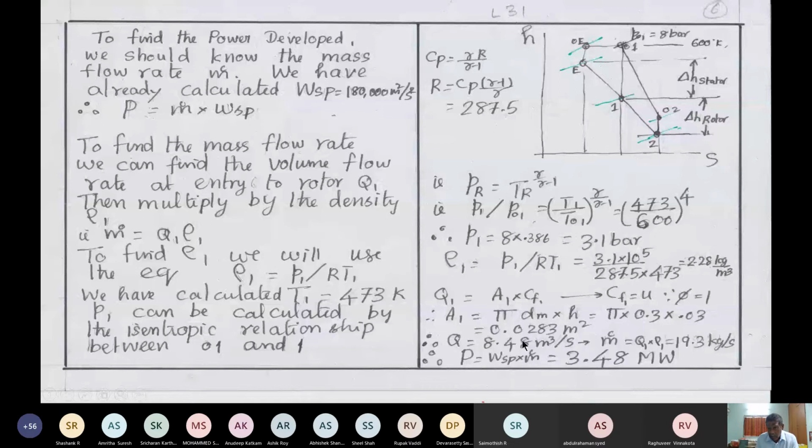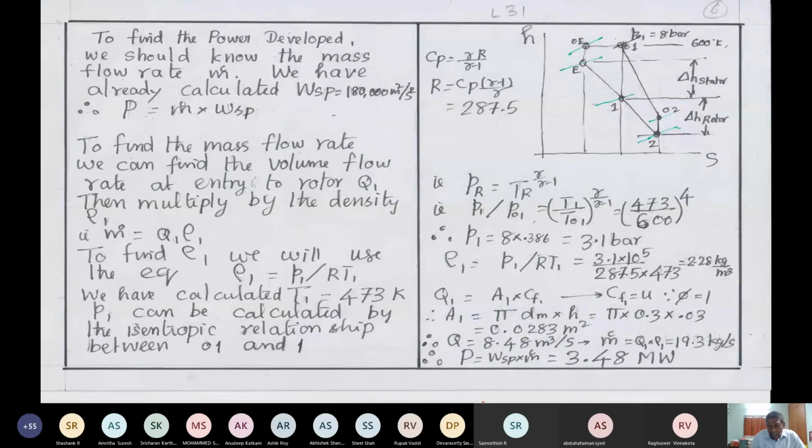That comes to 0.0283 meter square. So I can find out the mass flow rate, Q1 into ρ1. It is about 19.3 kg per second. And P equal to specific work into m dot. That is equal to 3.48 megawatt. Okay, that is 3,480 kilowatt.